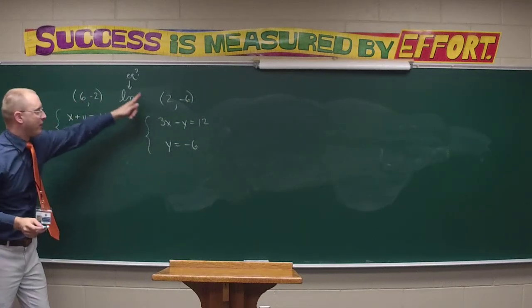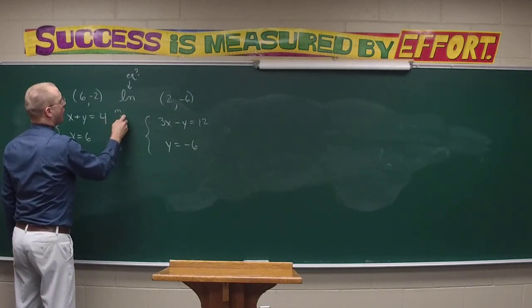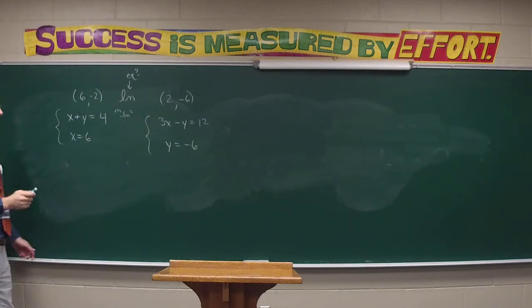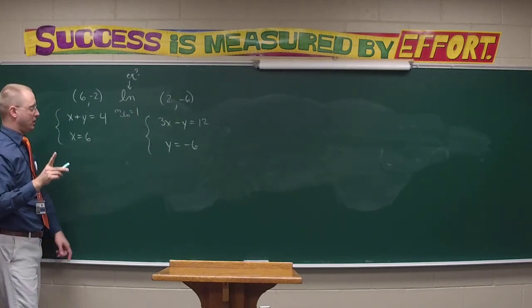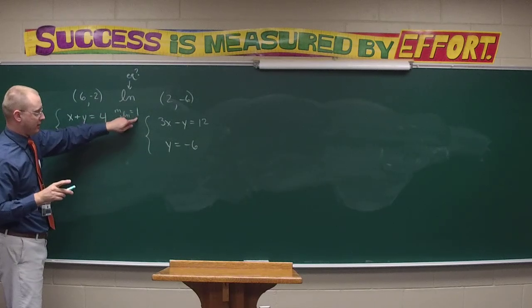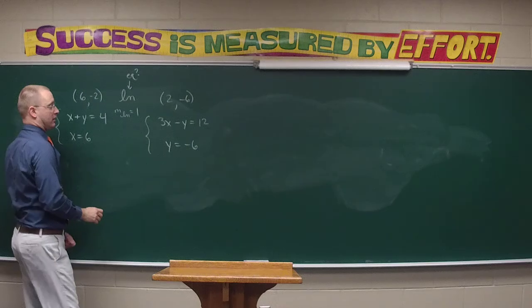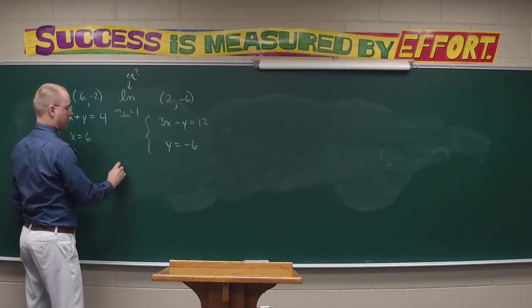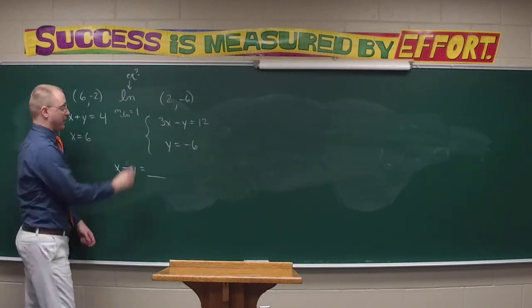Through two points, if I want to know the line, the first thing I must know is the slope. So what is the slope of the line going to be? 1. Every single equation that has a slope of 1 must start how, class? x minus y equals something, right?